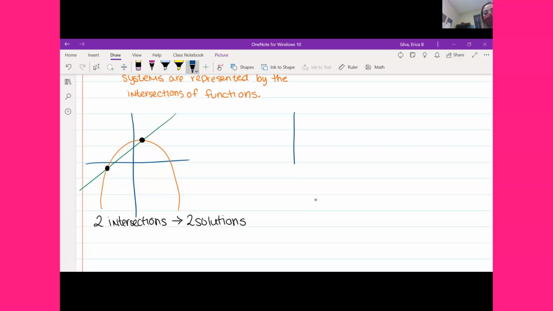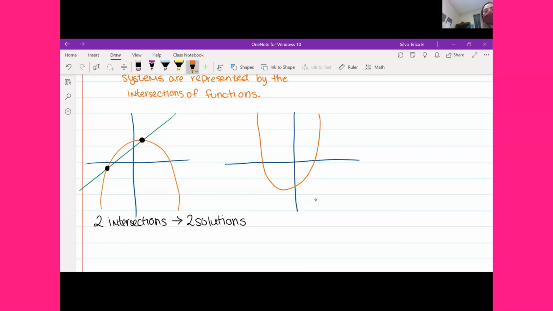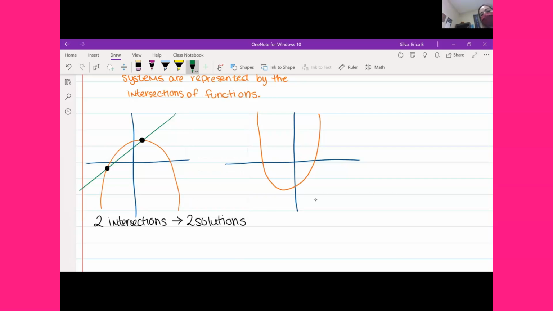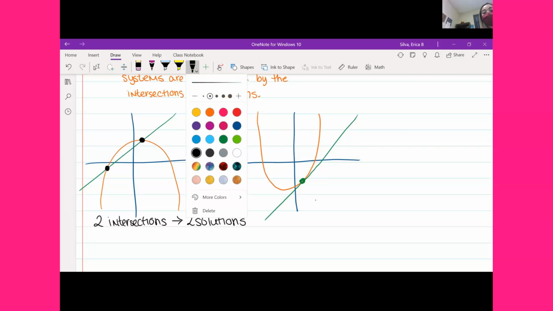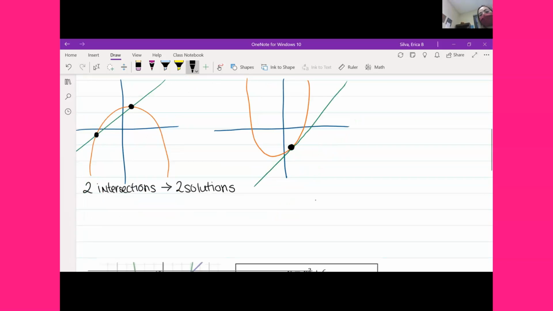Next, we have an example where we have a quadratic function and a linear function intersecting at 1 point. Which means if we have one intersection, we have one solution.